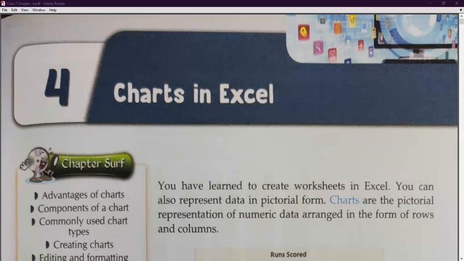Now you will ask me, what is numeric data? Numeric data means data that consists of numbers, integers, decimals, whatever you would like. So we can represent numerical data in charts also. For that, we are going to use the x-axis and y-axis.